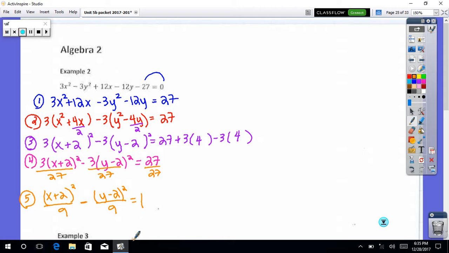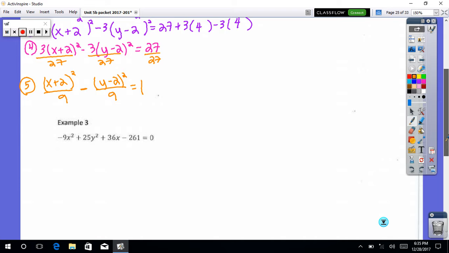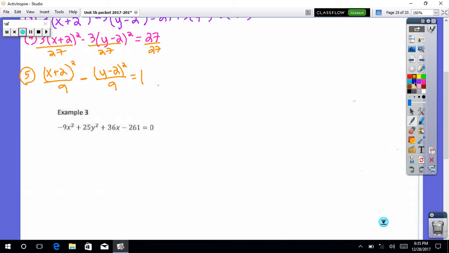Okay, example number 3. X's together. Okay, and just like before, there is not a y, so if you want to go ahead and put a 0y just to keep things the same, go ahead and do that.